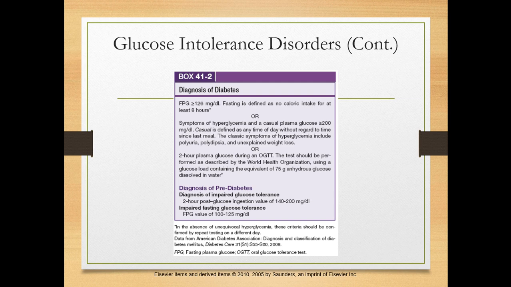We can test it through the bloodstream, looking for glucose levels, and then there's also HbA1c, which lets us know that this has been going on and attached to hemoglobin for quite some time. So we do have a variety of different tests.